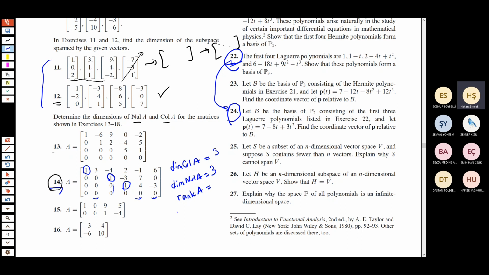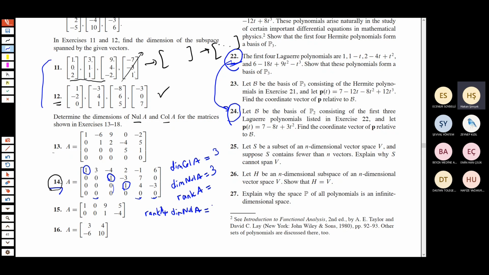What is the rank? Do you remember the definition of the rank? We did an equation: rank A plus dimension of the null space is equal to some number.